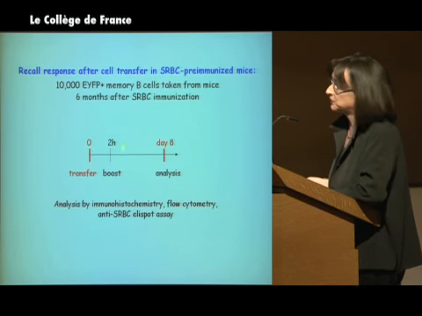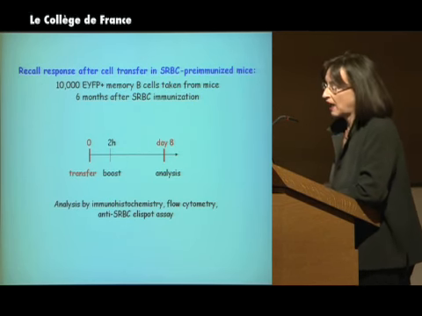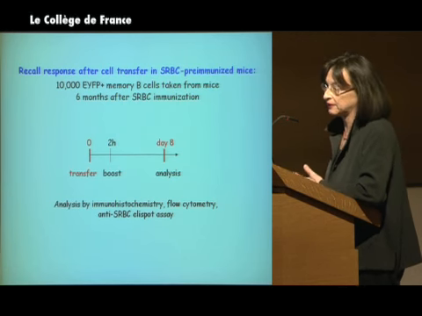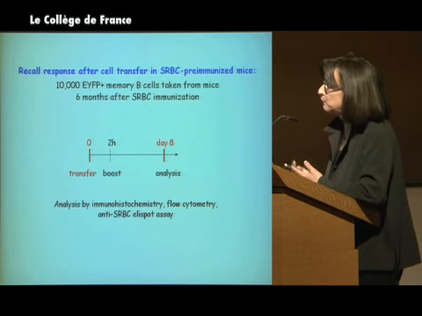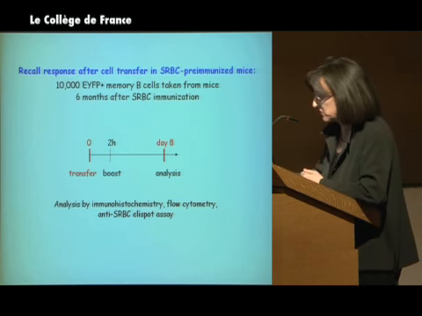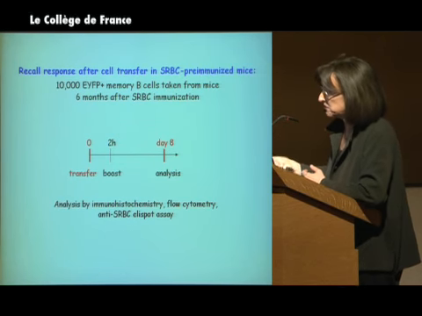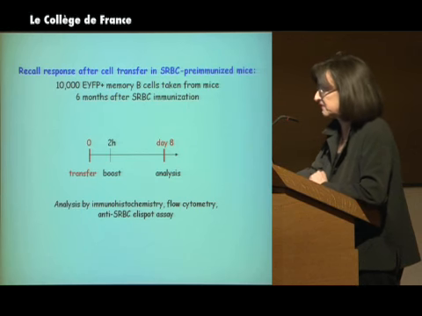We boosted the animal just 2 hours after the transfer, and 8 days after, we asked what is the phenotype of the YFP cells, only focusing without a priori on the fluorescence, asking what is the phenotype, what is the localization, and what is the function and specificity using an anti-SRBC ELISpot assay.